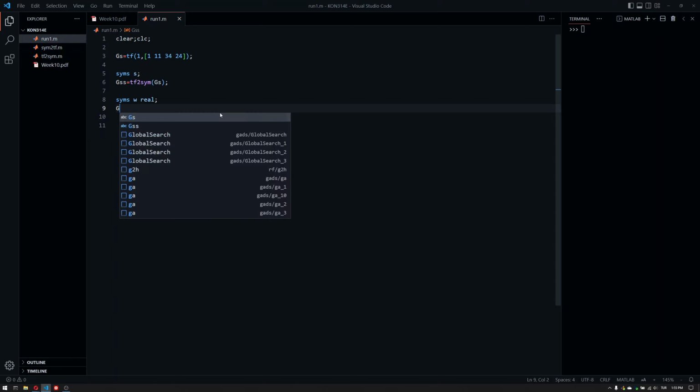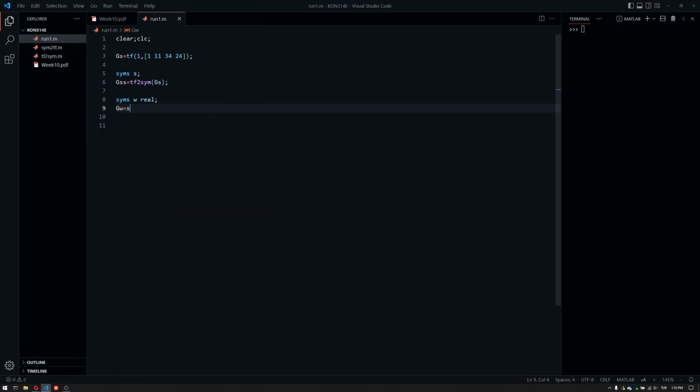So what we're going to do most of the time is we're going to substitute 1i times omega instead of s. Why? Because of the transitioning and the relation between those two transforms. Both of them are frequency domain transforms, but the Fourier one is the more engineering used one, and the Laplace transform is also widely used in engineering.